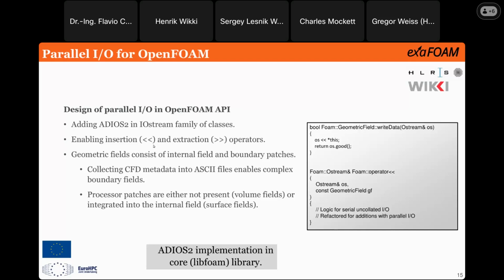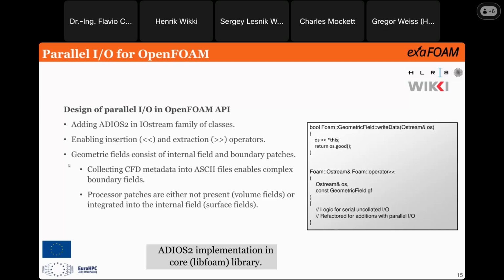But now considering the need of buffering, etc., during parallel I/O is really relevant if you use something like this ADIOS2 library. So we embedded ADIOS2 inside the I/O stream family of classes, inside the bottom I/O core library of OpenFOAM, to enable these streaming operators.